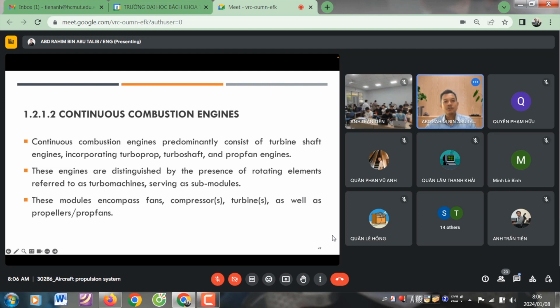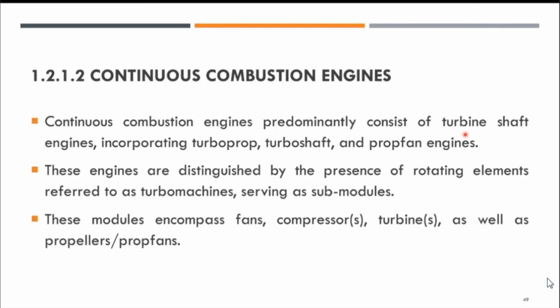In the continuous combustion engine, normally we have the turbine shaft engine, incorporating turboprop, turboshaft, as well as the prop fan engine. These kinds of engines are distinguished by the presence of rotating elements, and normally we call them turbomachinery, or turbomachines.